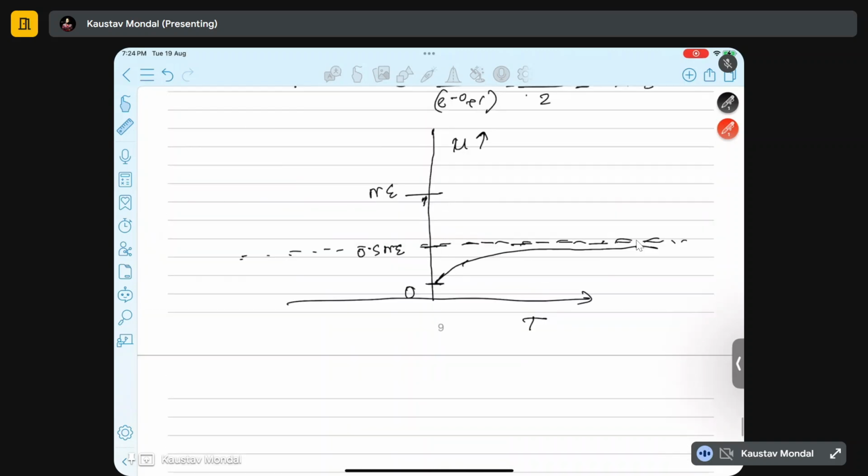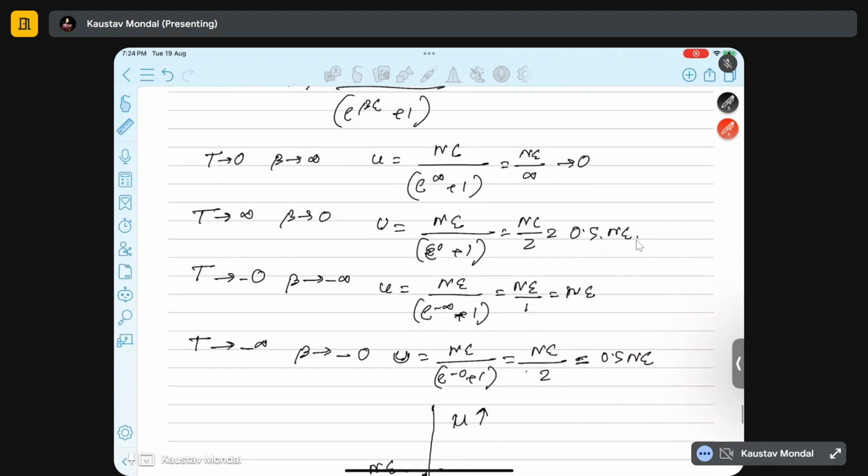In this case, the graph will look like this. This is basically how the internal energy is a function of temperature in the case of a two-level system.